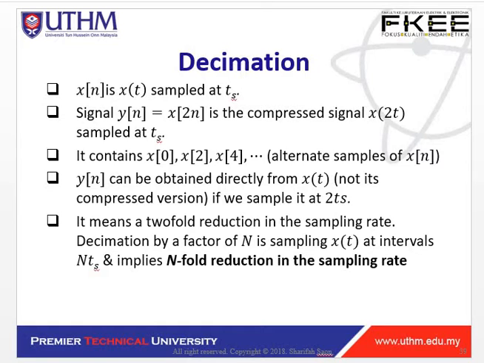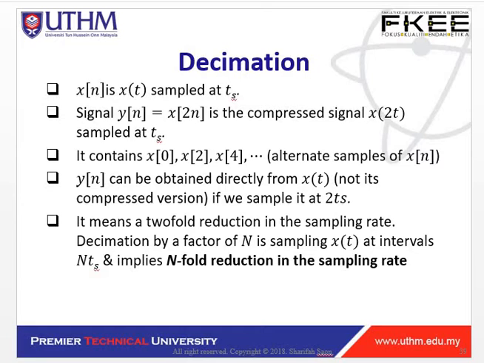Decimation can be done by sampling at Ts a continuous time signal x(t), and converting it into a sequence of samples x[n]. So x[n] is x(t) sampled at Ts.